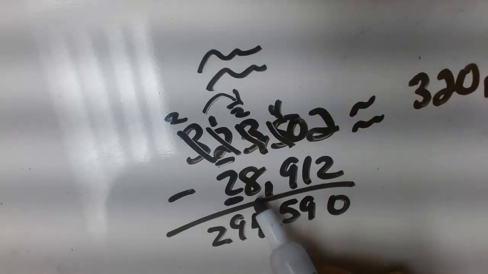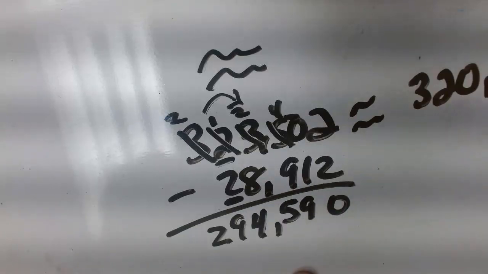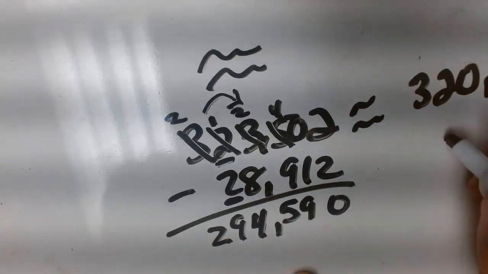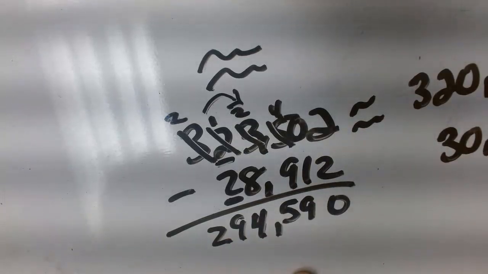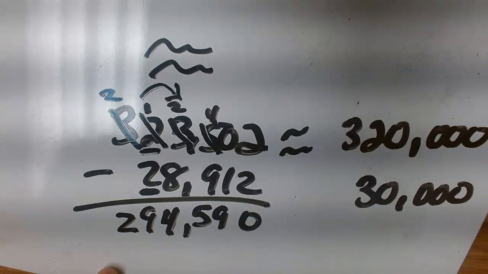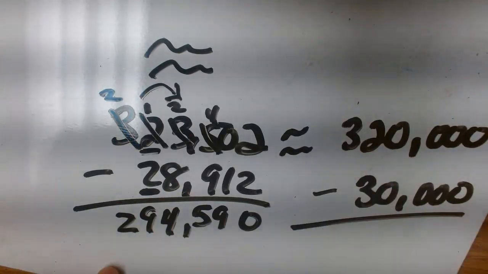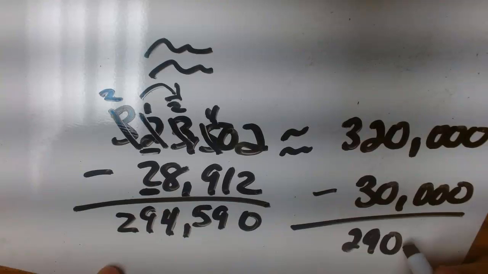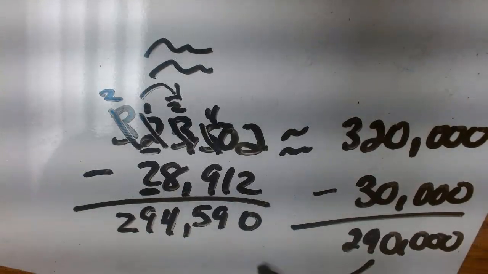Now when you look at this one, that would convert itself to that number right there. So when you subtract, you're going to get 290. You see how close they are?